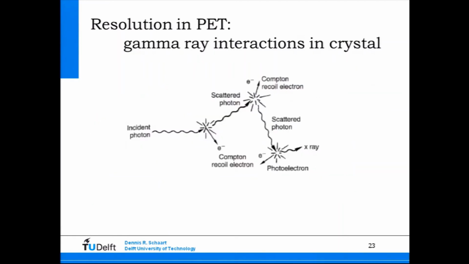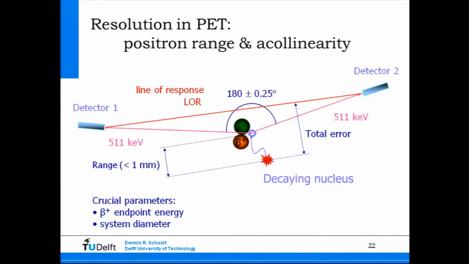That takes a little distance, typically 1 millimeter or a few tenths of a millimeter, before it has slowed down enough to be able to annihilate. And then when it annihilates, 2 511 keV annihilation photons are being emitted in almost opposite directions.